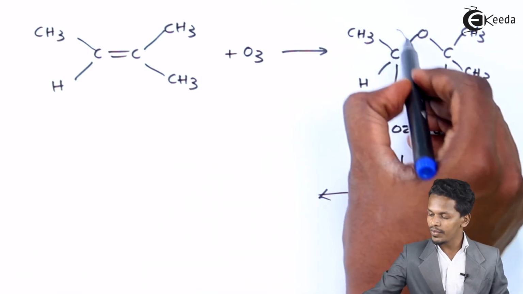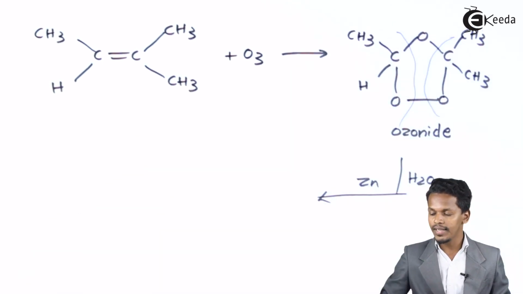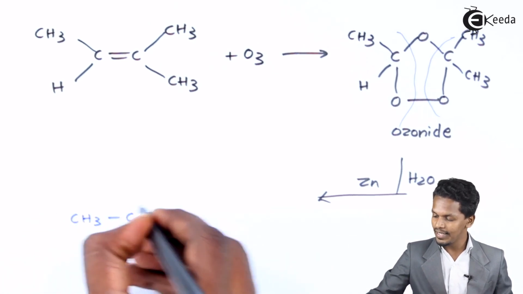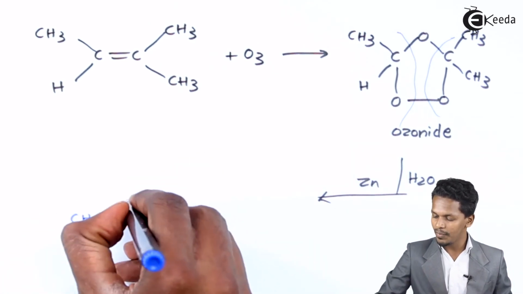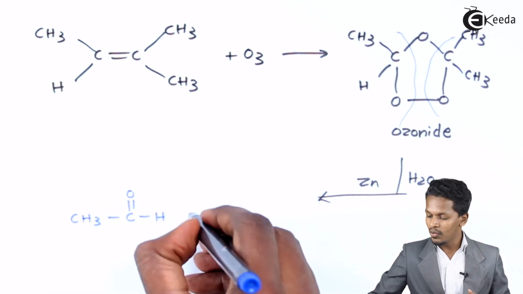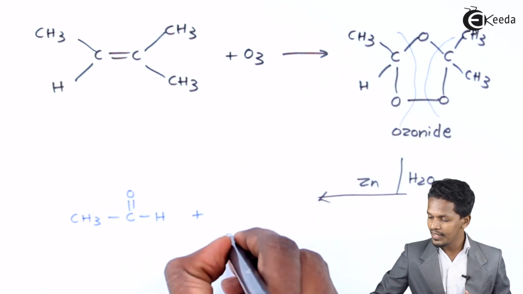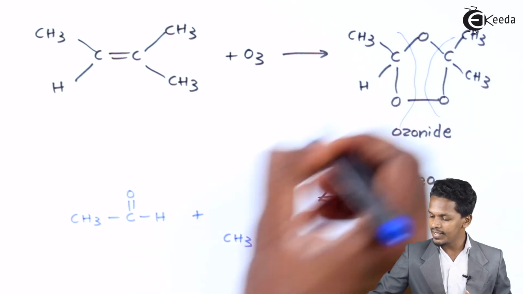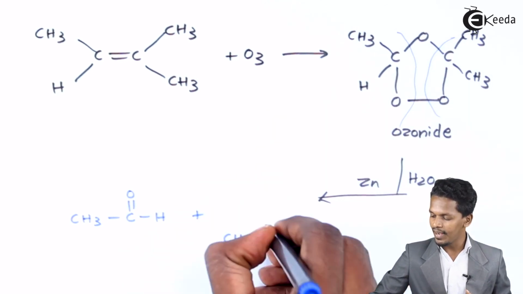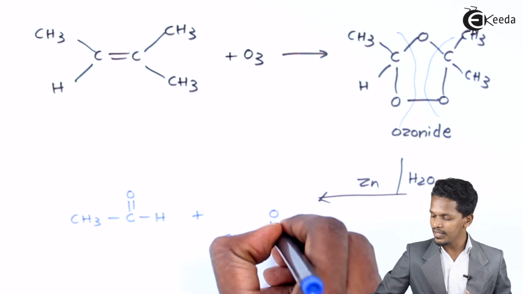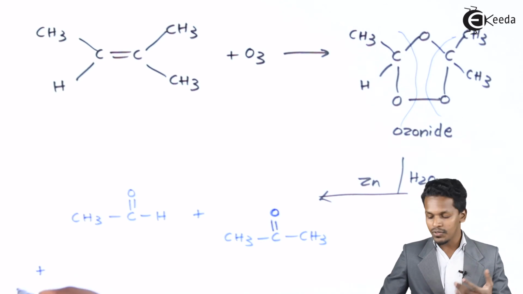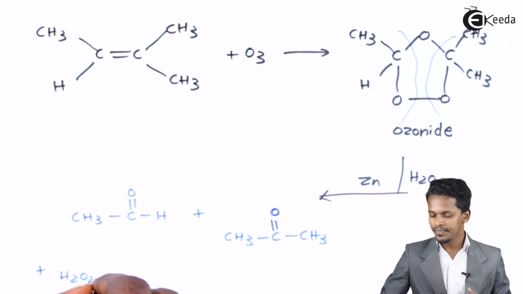This bond will break over here, and again a bond will break over here, and the product that we could get is CH3, C, H, with a double bond to O. The other product that we have formed is CH3, this carbon, and again a CH3 over here, with a carbon-oxygen double bond. We could also form the byproduct H2O2.